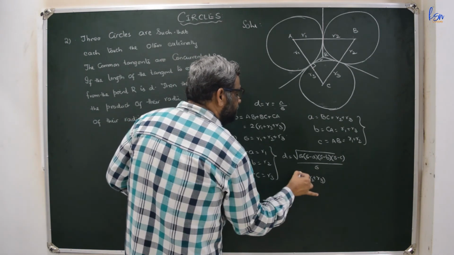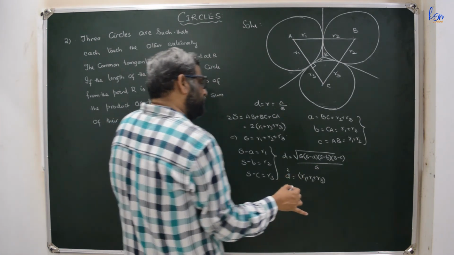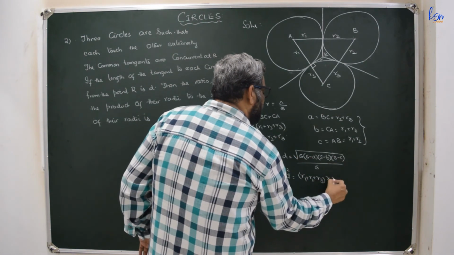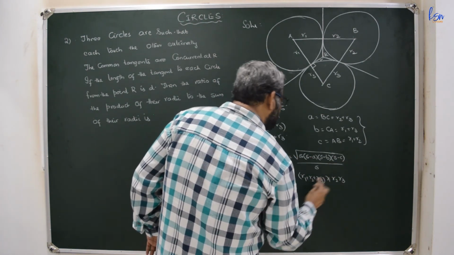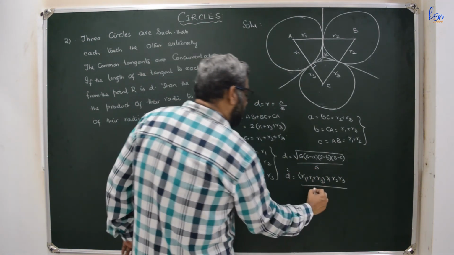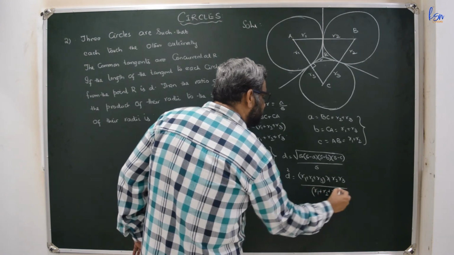So you take D square equal to R1 plus R2 plus R3 into R1, R2, R3, divided by, when you square it, S square. S square is R1 plus R2 plus R3 whole square.